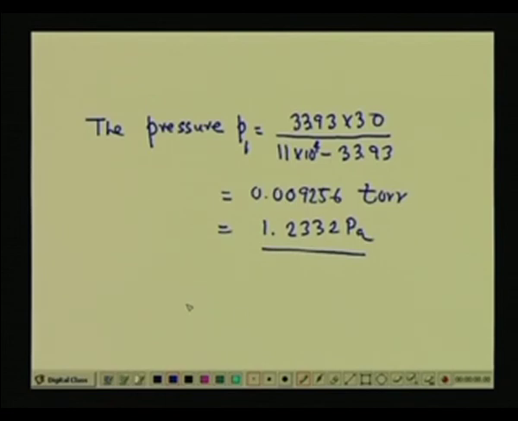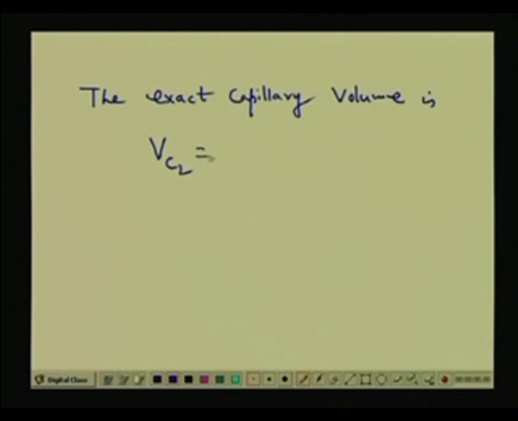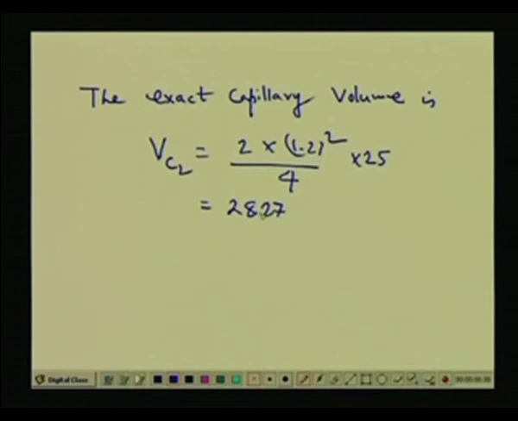However, what is the exact capillary volume? The exact capillary volume is VC2, pi into 1.2 whole square by 4 into 25. So, this will give you 28.27 millimeter cube.